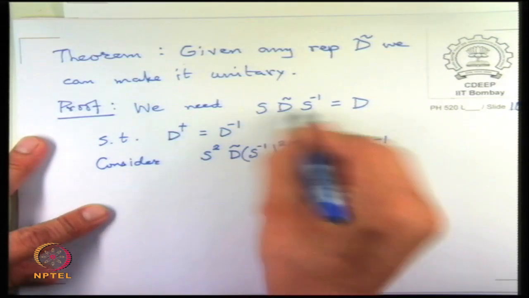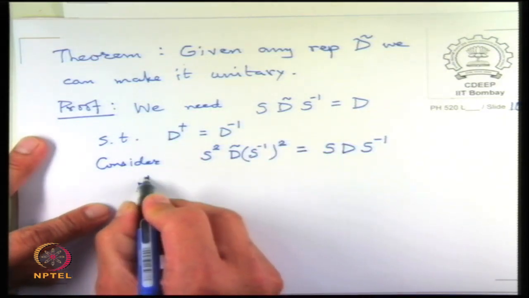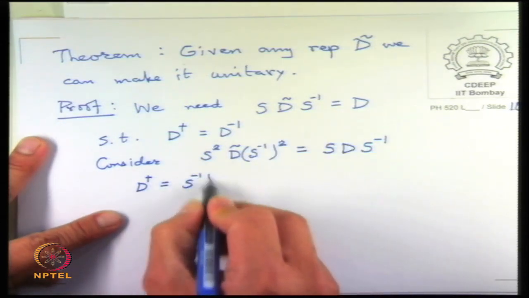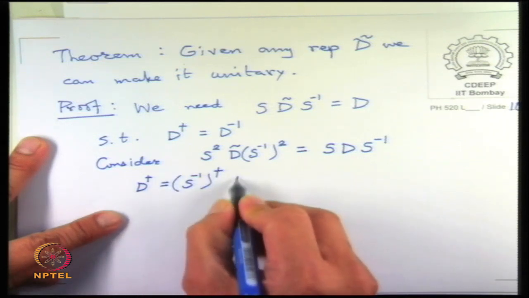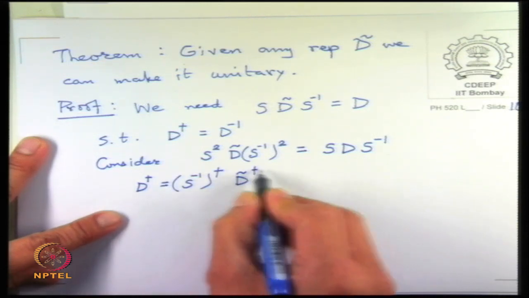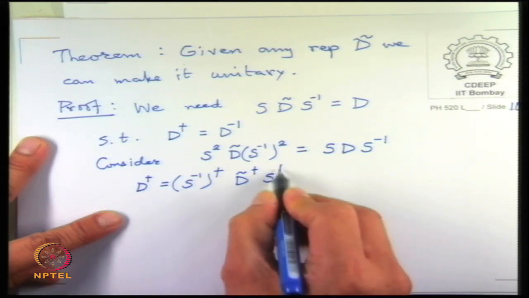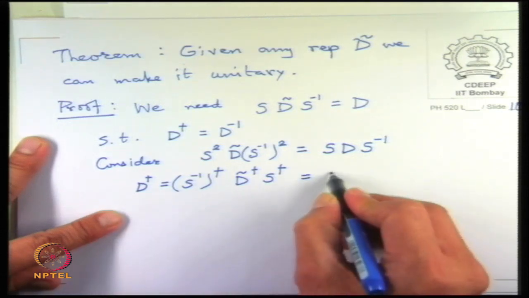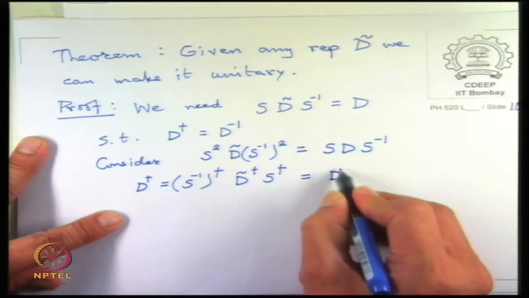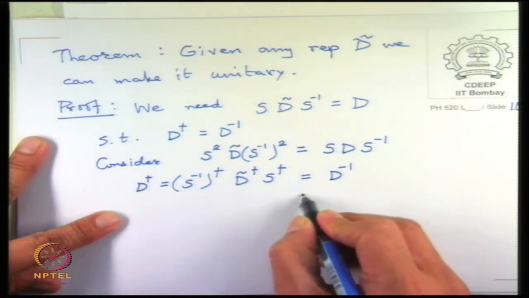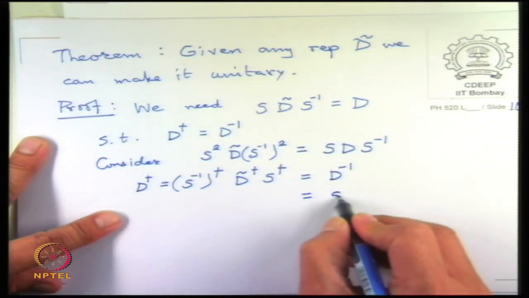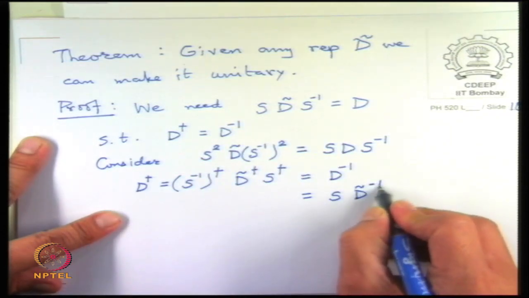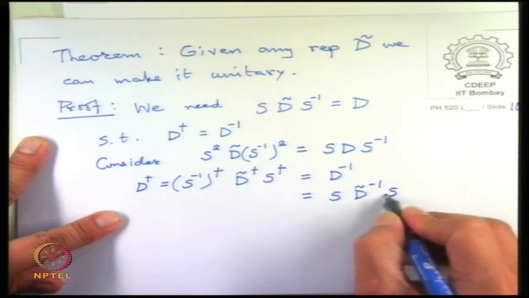So D dagger from here, D dagger is equal to S inverse dagger D tilde dagger S dagger, and that should be equal to D inverse, which is equal to, again referring to this, S inverse D tilde inverse S inverse.